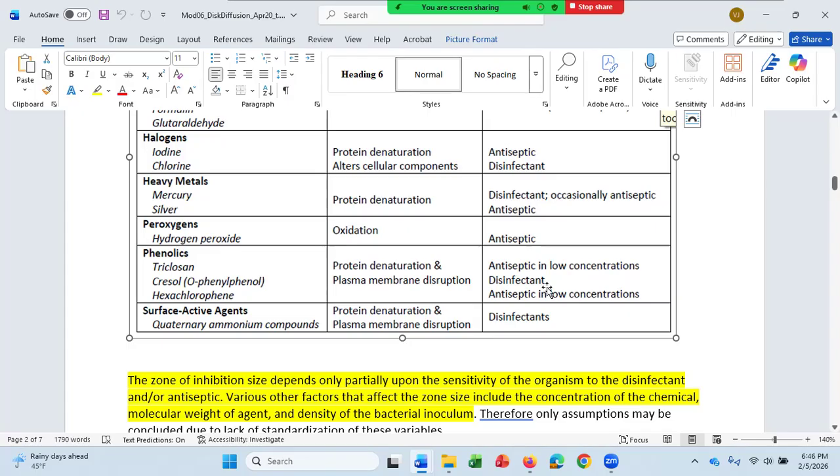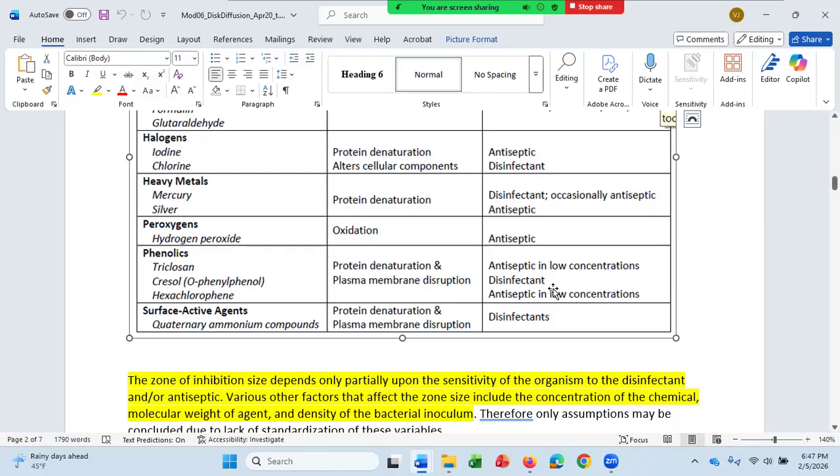They can be used as antiseptics in low concentration. However, the phenolics are irritating to the skin and they can degrade things like metal surgery instruments. At least phenol is a cancer-causing agent, so you really wouldn't want to use that on a patient.